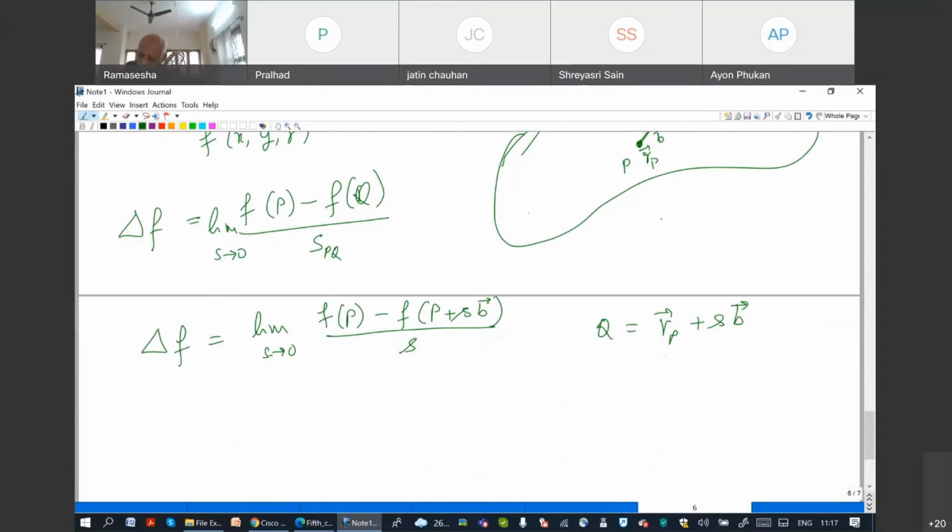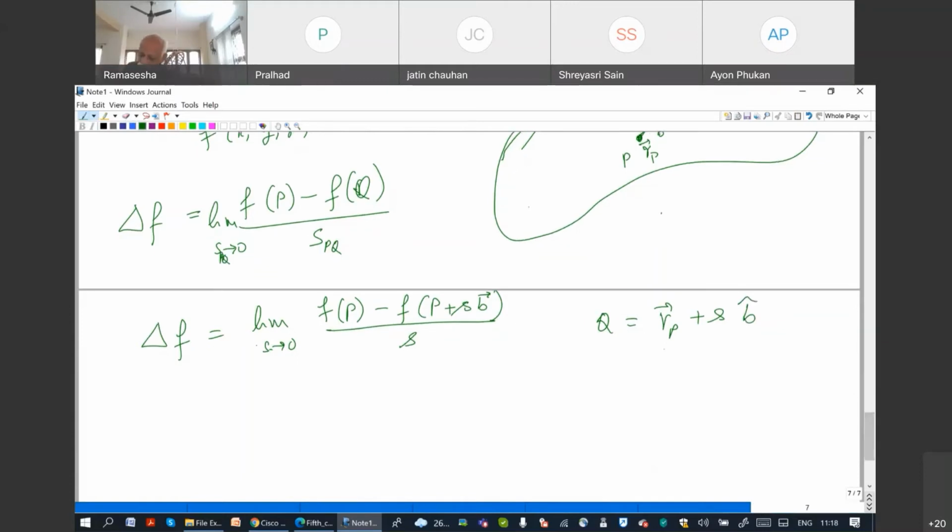The distance between points P and Q going to 0, right? So the distance between point P and Q goes as S times B, let us say B is a unit vector. So let me take B to be a unit vector. Now, does it make sense to you?